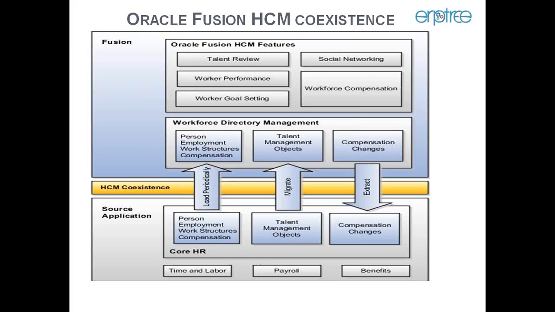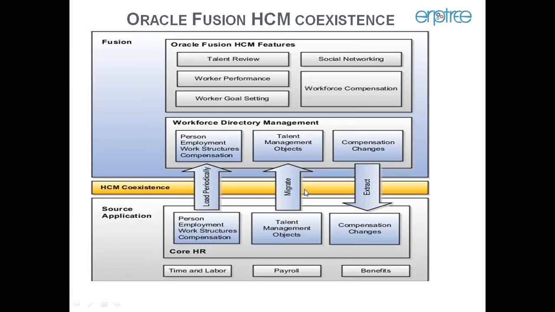So now the third part is the Fusion coexistence. When Oracle Fusion was rolled out, clients were not ready to go for all the modules in a single shot. So Oracle provides a coexistence method where they can use some of the modules in the Fusion application and the remaining with a third party, and then integrate them.